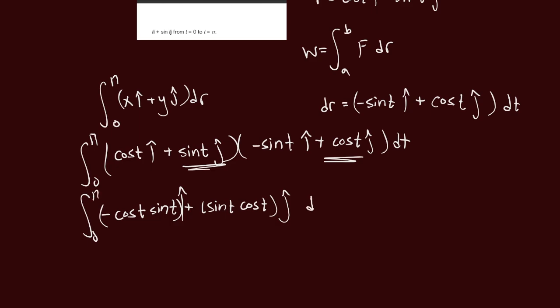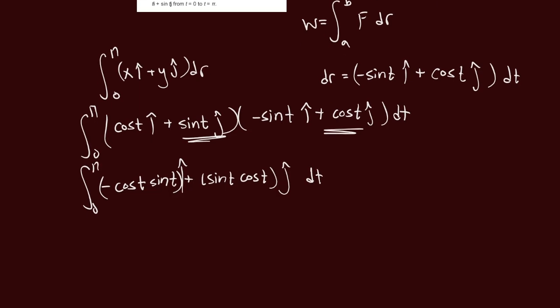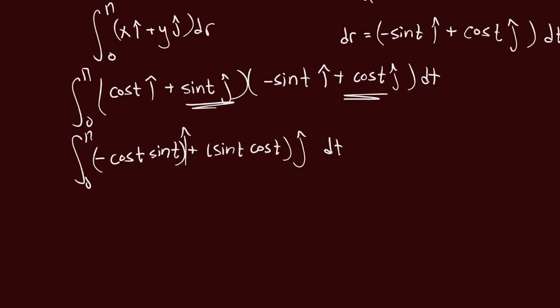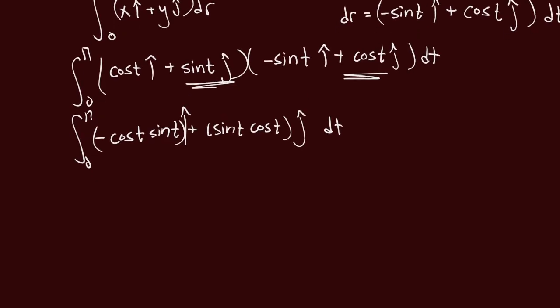And then now we just integrate this with respect to t. So this would be 1 over 2 cos squared t from 0 to pi. And this one will be 1 over 2 sine squared t from 0 to pi.